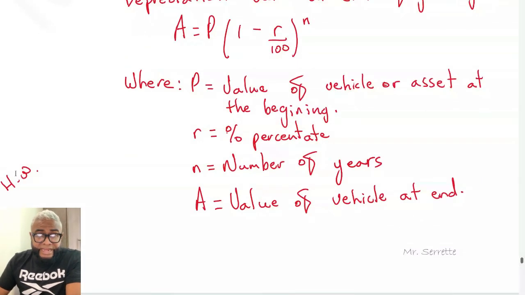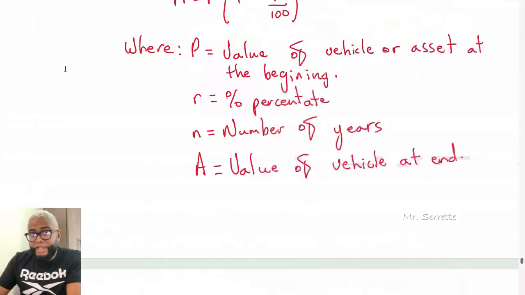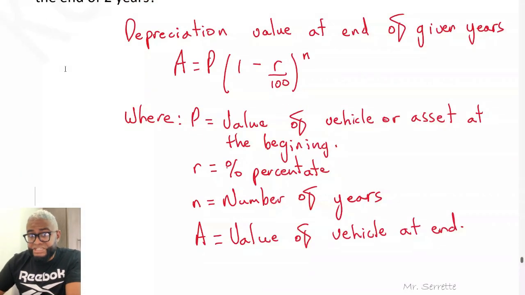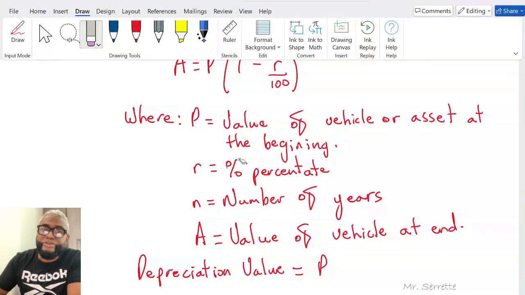I also want to put, if the question asks you to calculate the depreciation value, right? So your depreciation value would be equal to the P, no, sorry, it's going down.